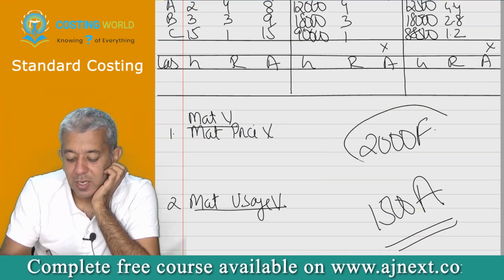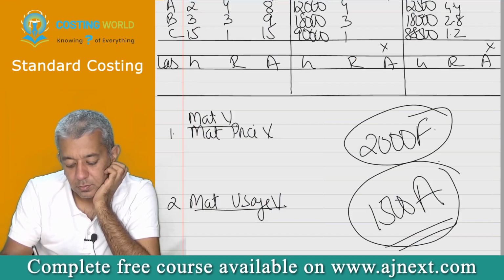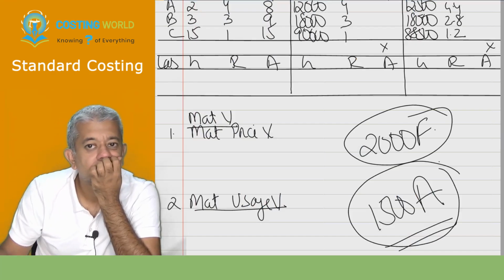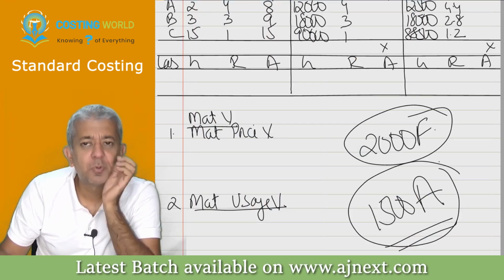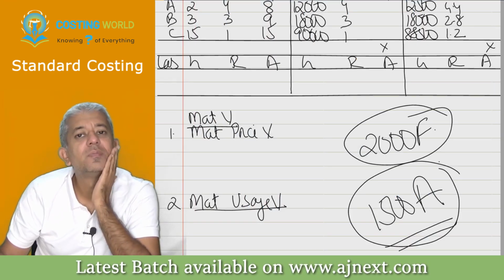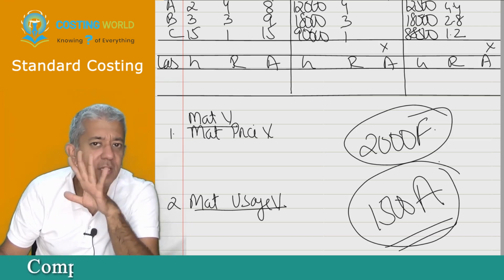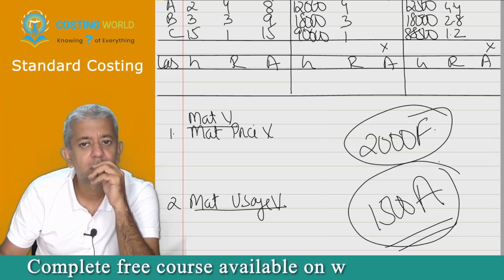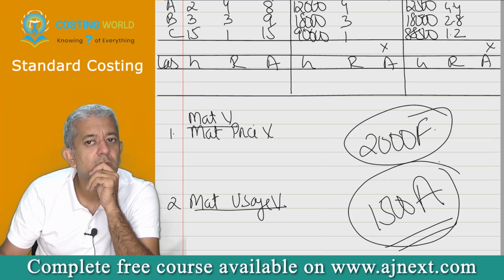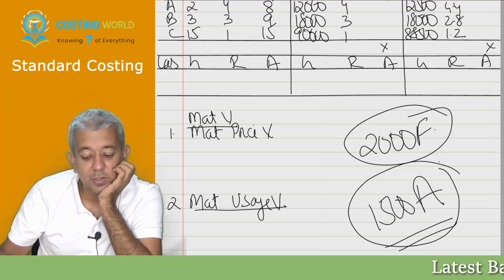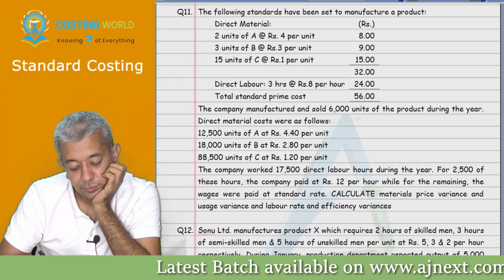Just tell me these are the answers. Okay. Can I proceed if these two are done? You don't have to be computing all of the variances. Don't do the charity work, please. Just check whether these answers are correct or not.